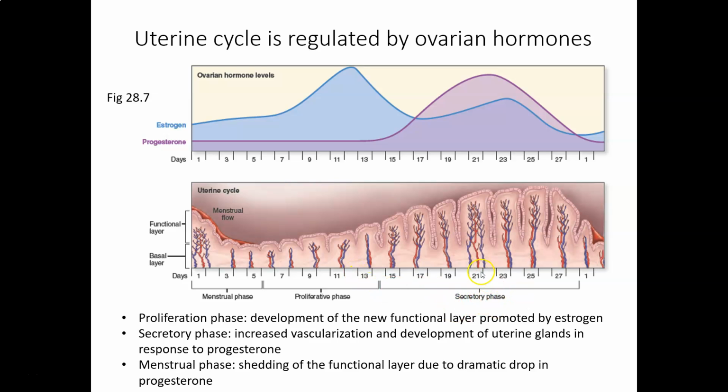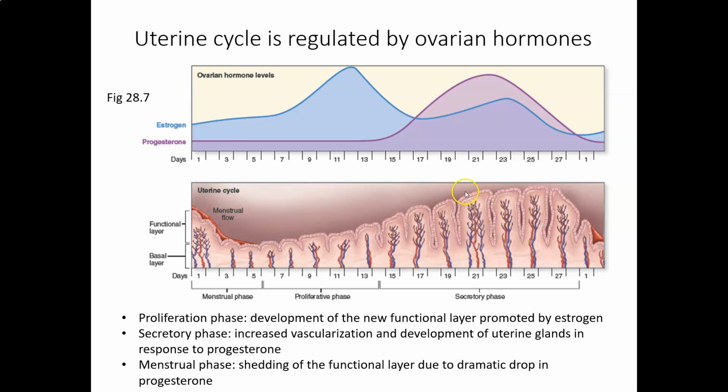In the secretory phase, you can see a dramatic thickening of the functional layer, development of a lot of blood vessels, that's increased vascularization, as well as development of uterine glands in the functional layer. This is mainly under the influence of progesterone, right? So they are getting ready for the pre-embryo to be implanted.